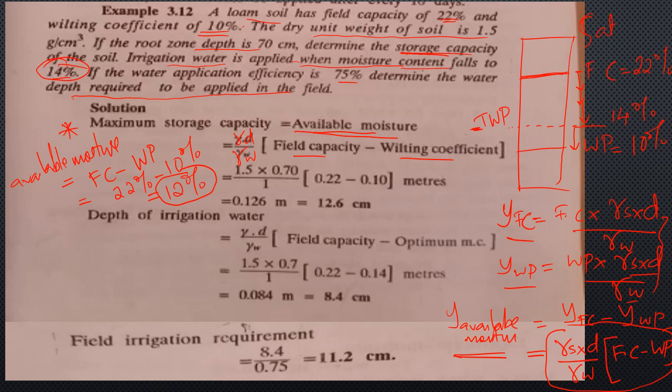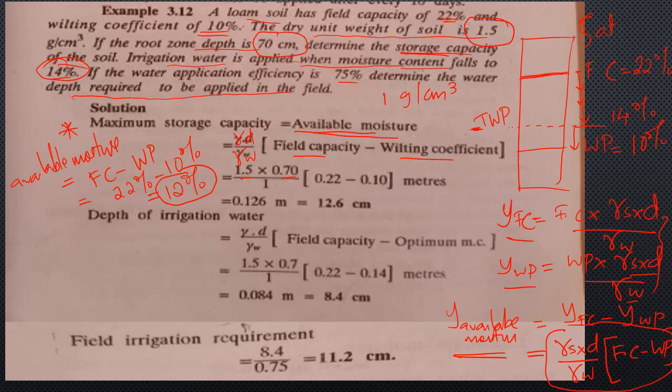Gamma S is given here as 1.5 gram per centimeter cube, multiplied by root zone depth of 70 centimeter, converted to meters, that is 0.7, divided by 1, that is gamma W. Gamma W is the unit weight of water, 1 gram per centimeter cube.